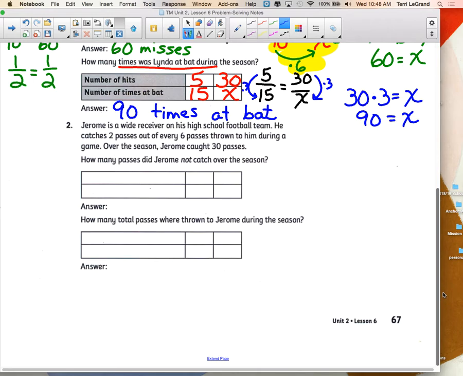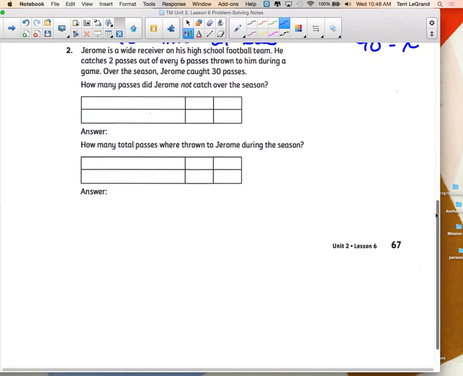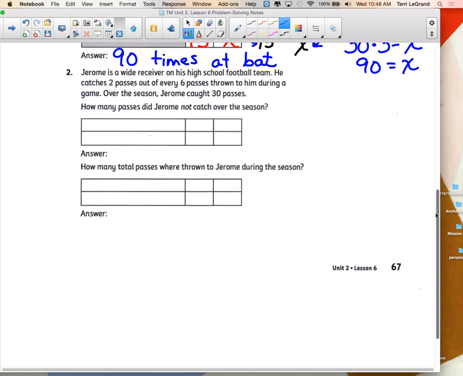Okay, so we got Jerome, who's a wide receiver on his high school football team. And he catches 2 passes out of every 6 passes thrown to him during the game. Over the season, Jerome caught 30 passes.